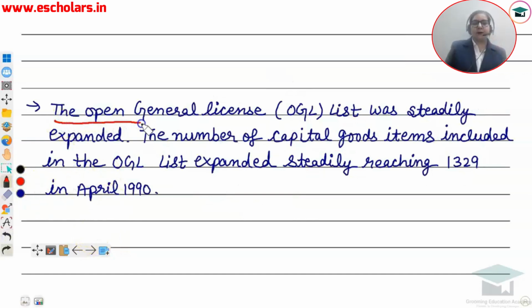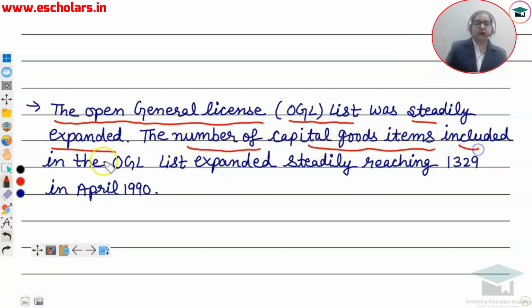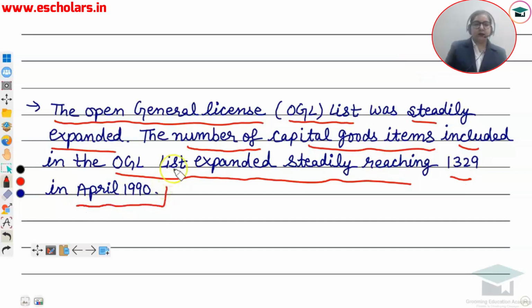Also students, the Open General License, that is the OGL list, was steadily expanded, and the number of capital goods items included in the OGL list expanded steadily, reaching 1329 in April 1990. Okay. So what is the Open General License list? It is basically the list of those industries which are exempt from taking a license from the government.